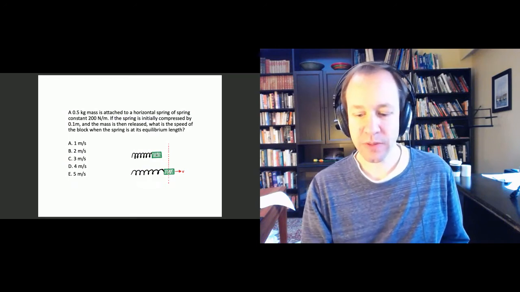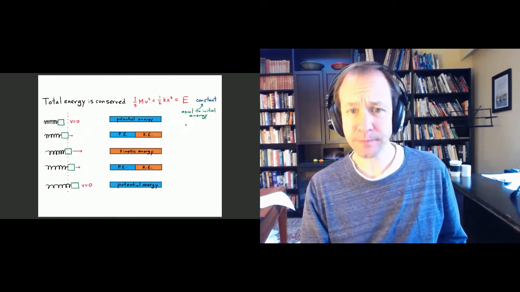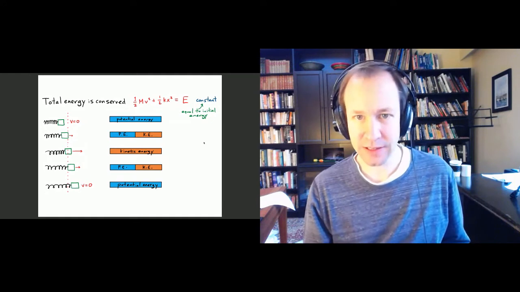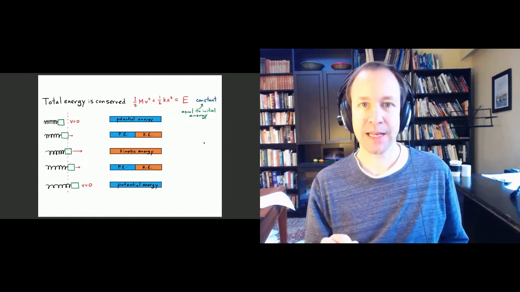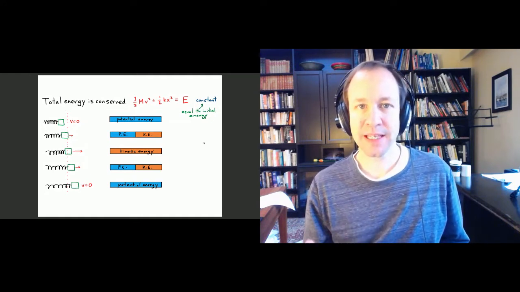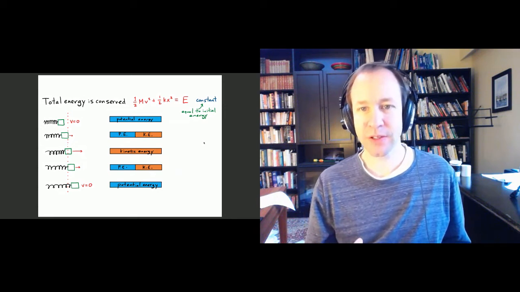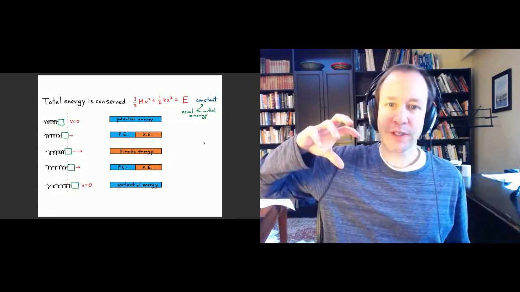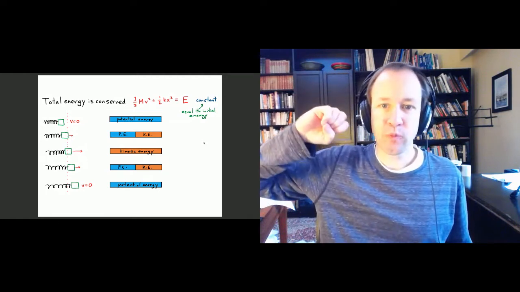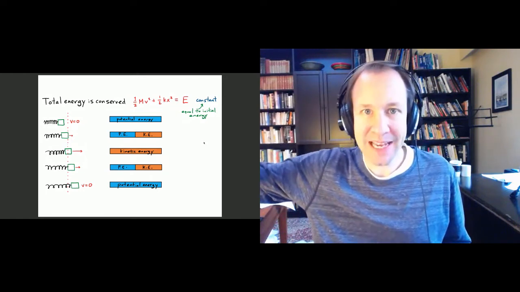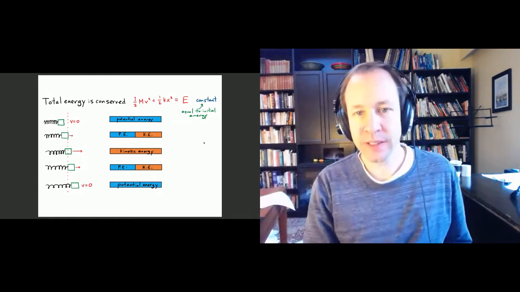So I want to do an example here that makes use of this idea of energy conservation. What we'll find is that thinking about energy conservation is a very useful way to predict what the maximum velocity is or what the amplitude is if you only know some other information.